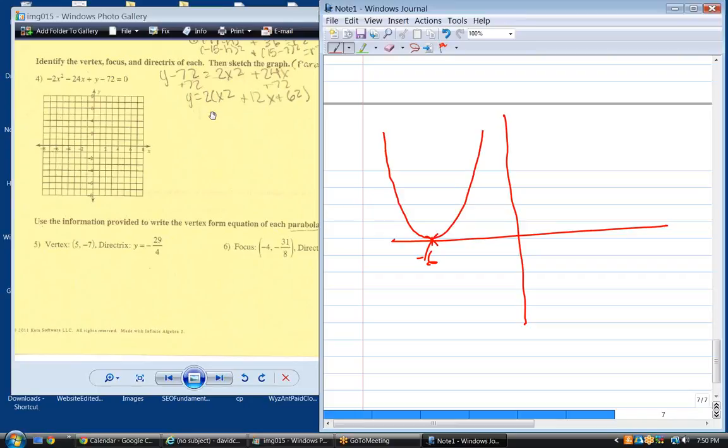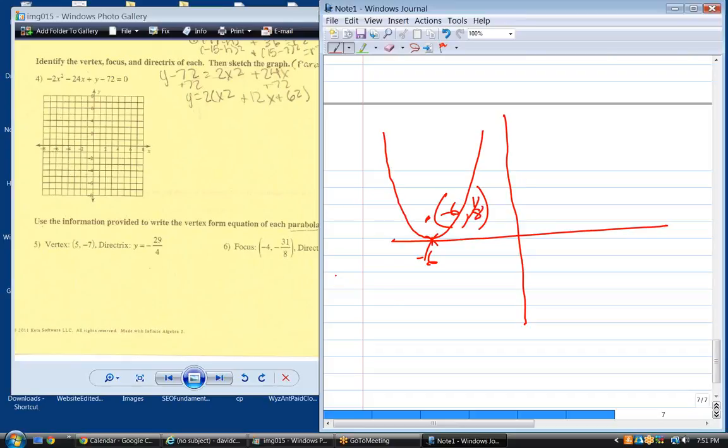Those are parabolas that open up, not down. And where is this point right here, if A came out to be 1/8? Focus. What are the coordinates of that focus? Minus 6, 1/8. Right.